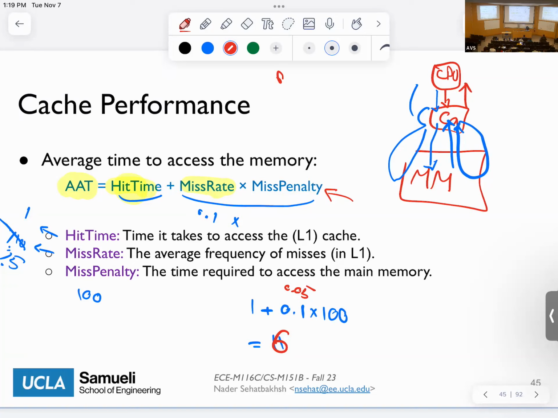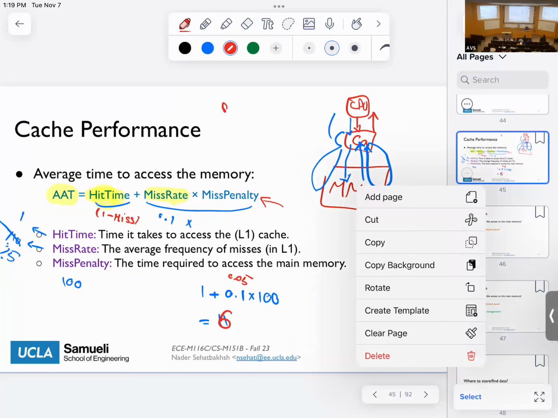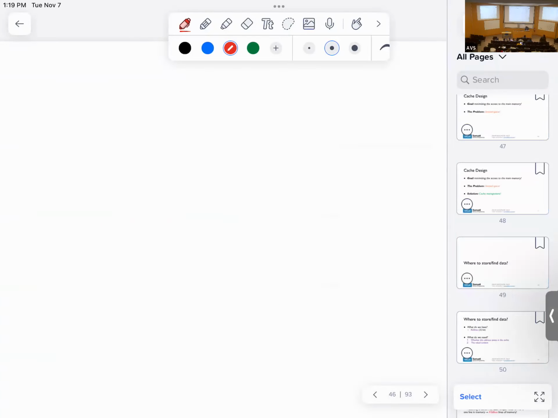So the question is why there is no 1 minus miss rate here, right? And there is actually. The reason it is like this is because, in reality, you have 1 minus miss rate, okay, times your hit time, plus miss rate times miss time, okay?